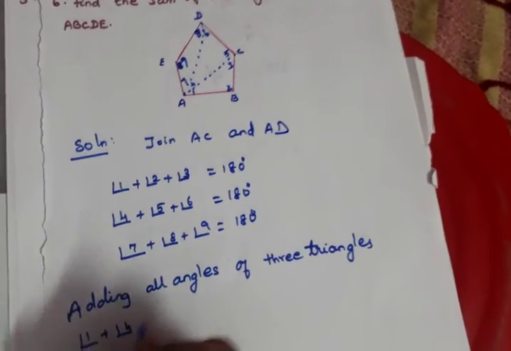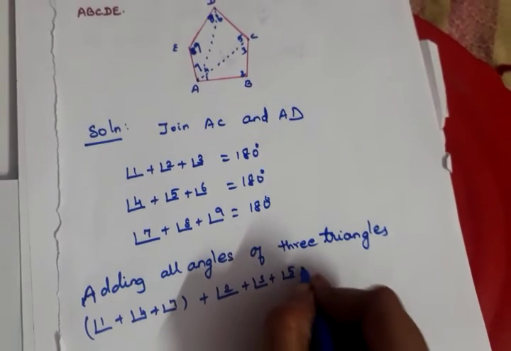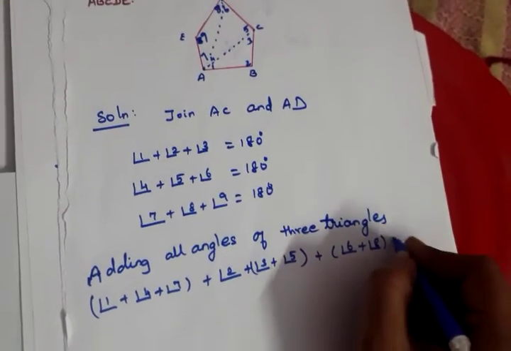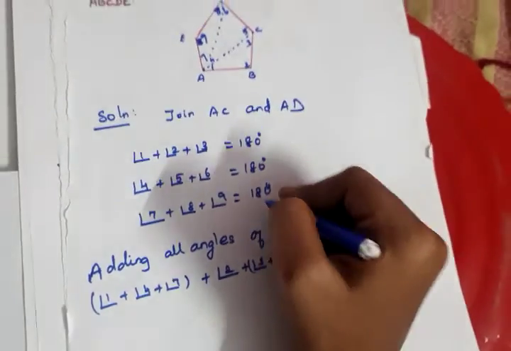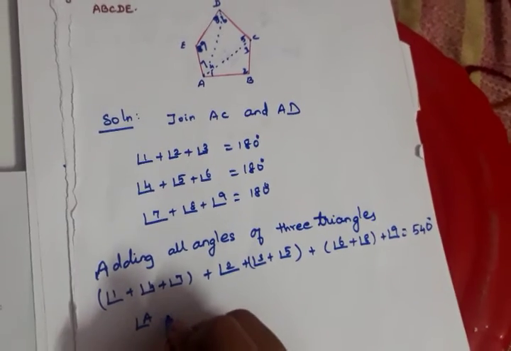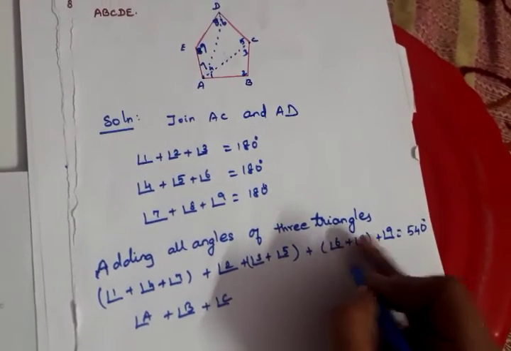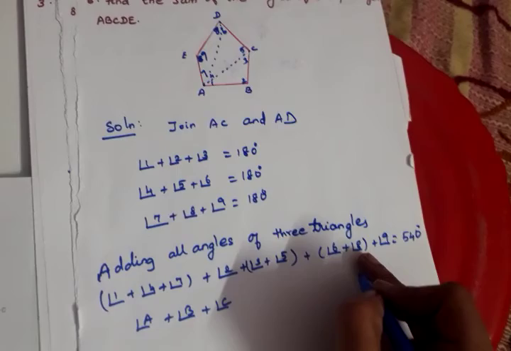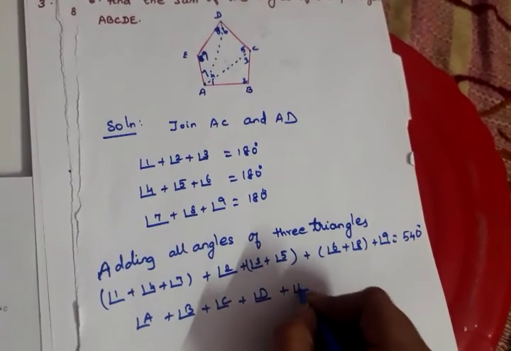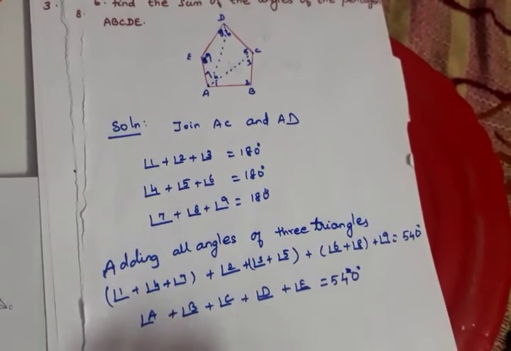Angle 1 plus 4 plus 7 is angle A, angle 2 is angle B, angle 3 plus angle 5 is angle C, angle 6 plus angle 8 is angle D, and angle 9 is angle E. So the sum of the angles of a pentagon is 540 degrees.